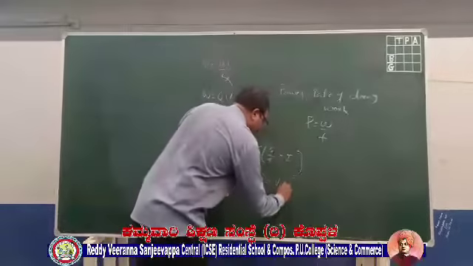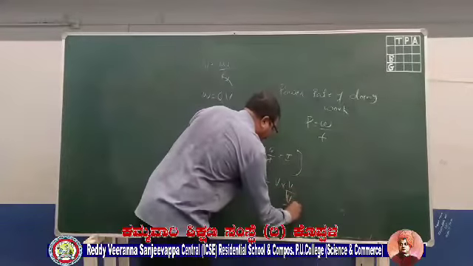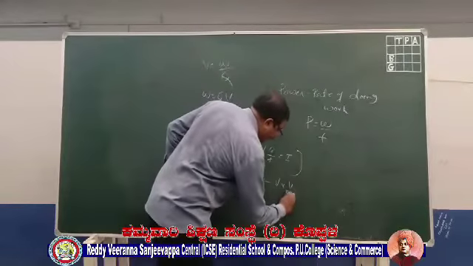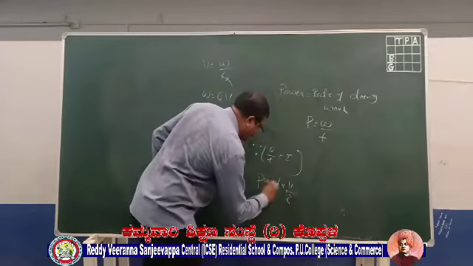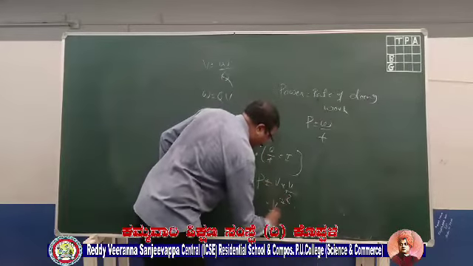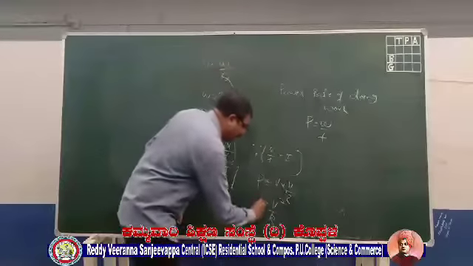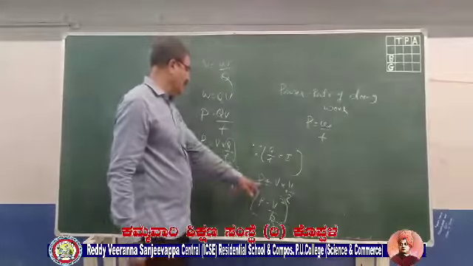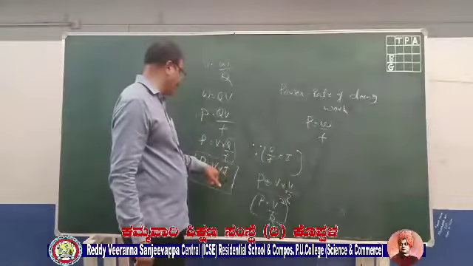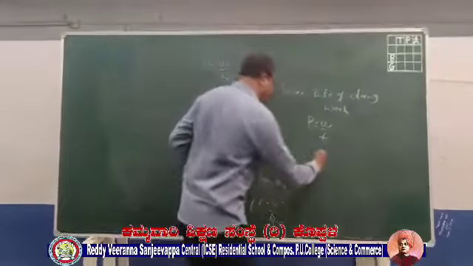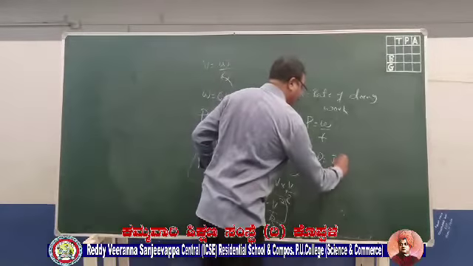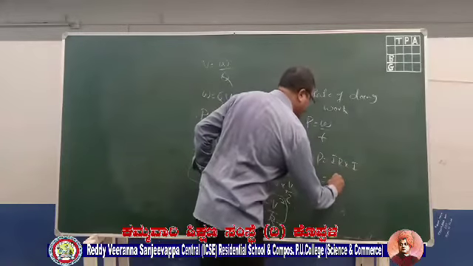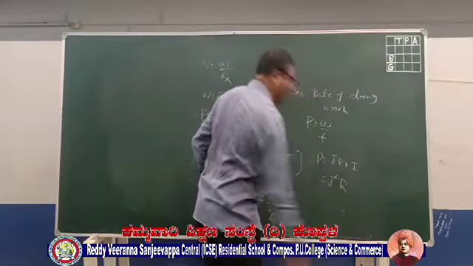So V into V by R, that will give us V square by R. So this is one equation we have: P is equal to V square by R. Similarly, instead of V, I can write it as IR into I. So that is nothing but I square R.